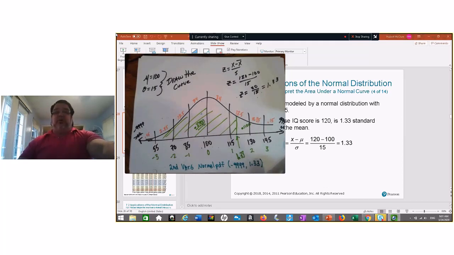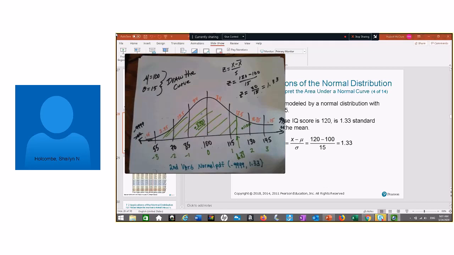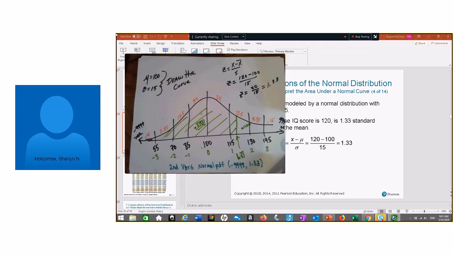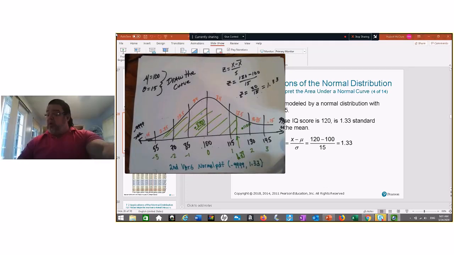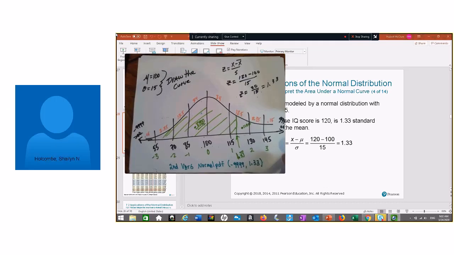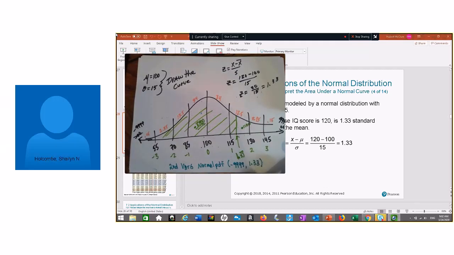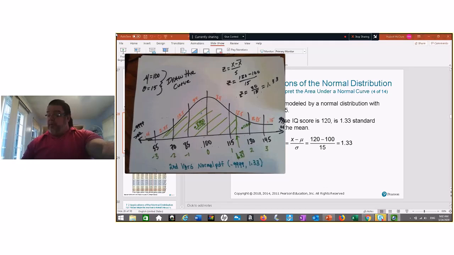I've been answering you the whole time, but I've been on mute. Oh. Okay. Do you have a calculator? Yeah, I'm using one that's on my phone. Do you have a TI? I do. Okay. Type in second, vars, and then which number is normal PDF?